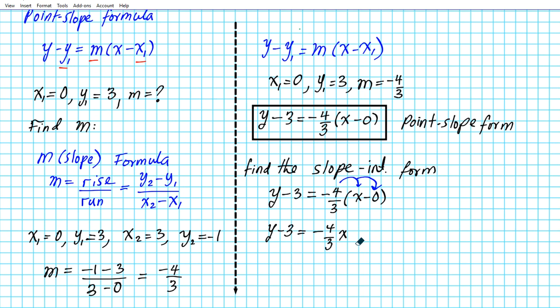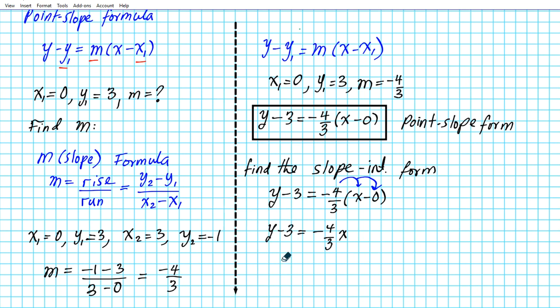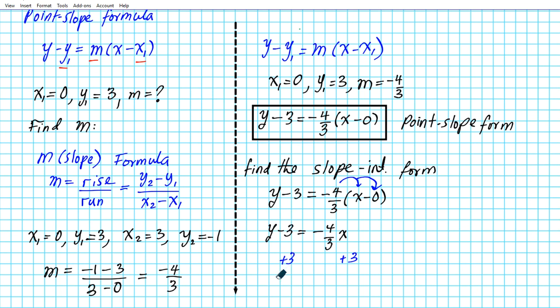So we don't have to put it there. Okay, now to isolate y, we can accomplish that in one more step. We'll simply add 3 to both sides of the equation. And that will give us y equals, these 3's add up to 0, negative 4 thirds x plus 3.